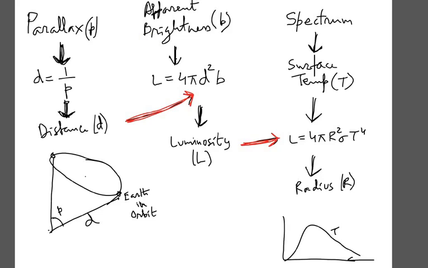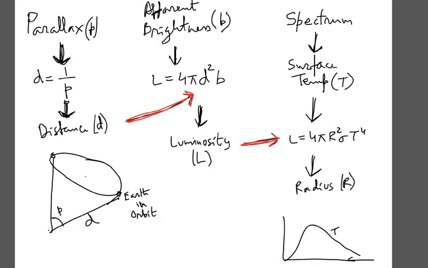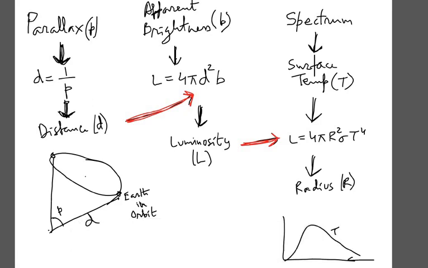If this is our star at this point, then from the earth in its orbit we will be able to measure the parallax P over here, and then from the parallax we can determine the distance D, and this distance will help us to estimate the luminosity after we measure the apparent brightness B. So using this relation 4 pi d square into B, we can get the luminosity.